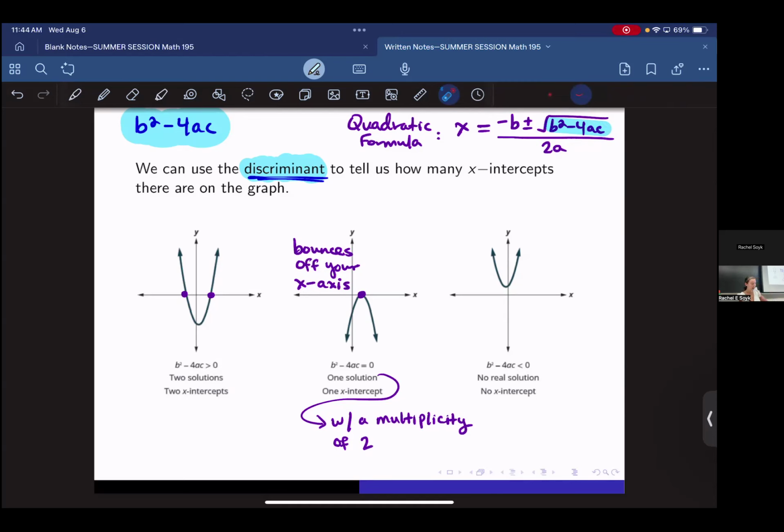So we will have no real solution here, which means if there's no real solution, it will never hit your x-axis. So there'll also be no x-intercept. And so the x-axis is never hit when we have imaginary numbers involved.